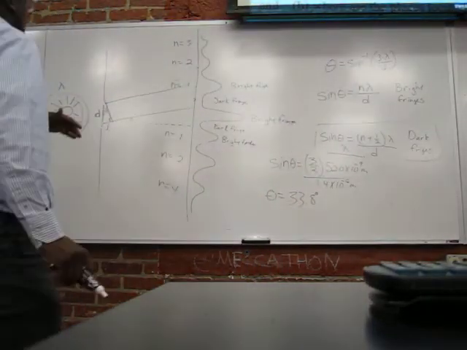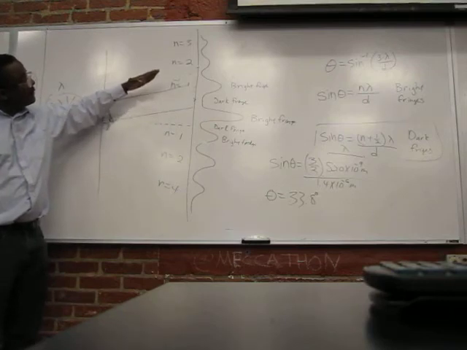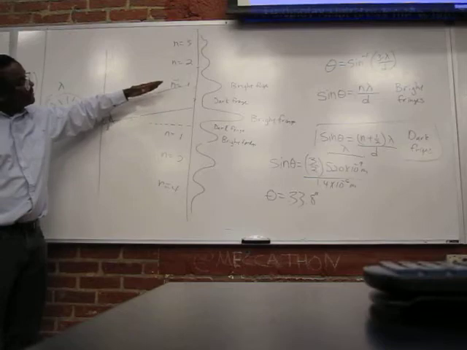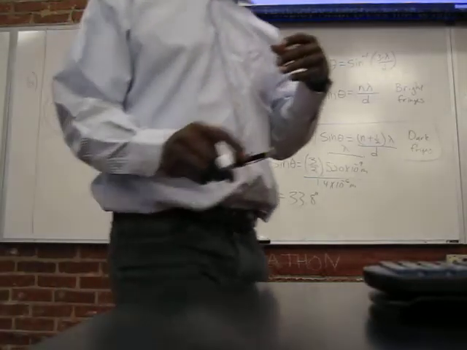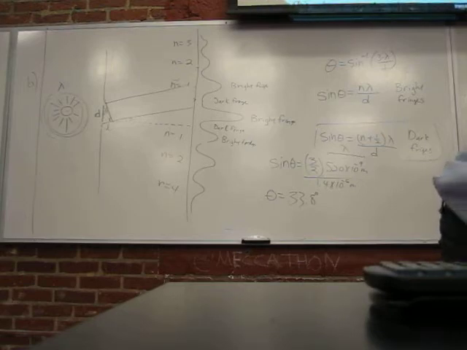Yep. So that means that at an angle of 33.8 degrees from here, I will be looking at the first dark fringe, for which M equals 1. All right, so that's pretty much all I want you to know from that chapter.